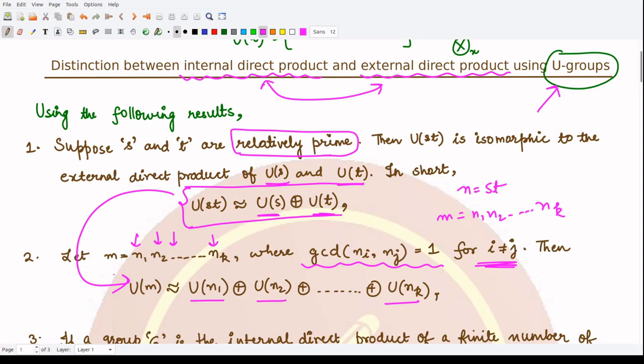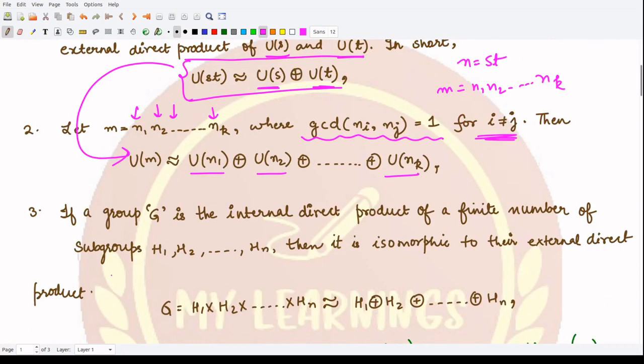And the third result, which we have studied recently, states the relationship between internal direct product and external direct product.